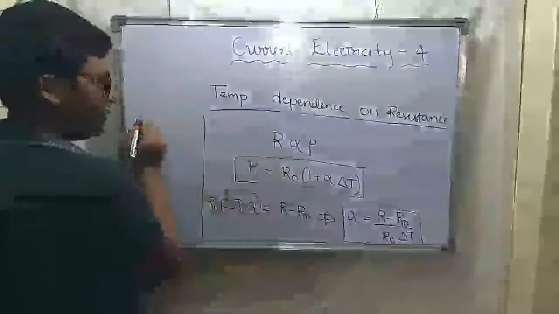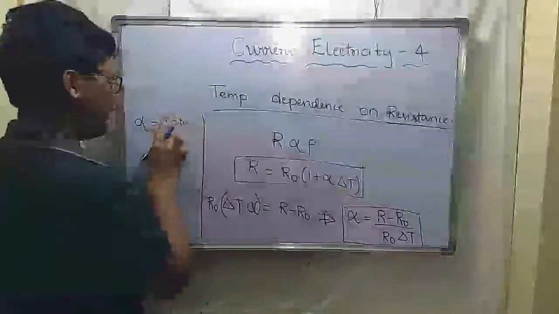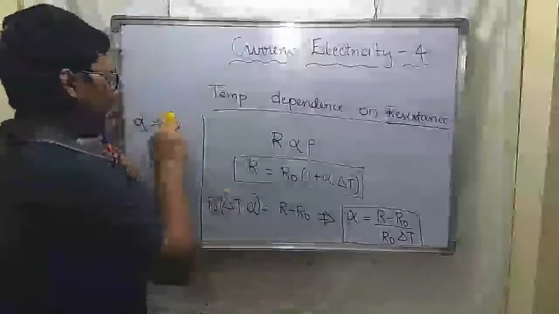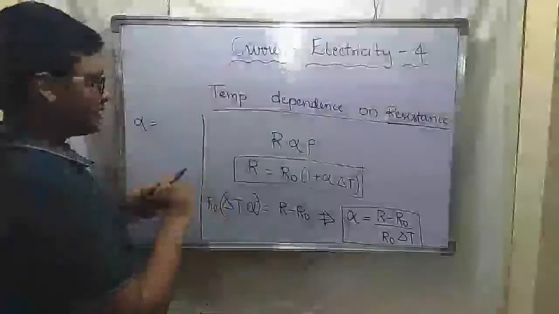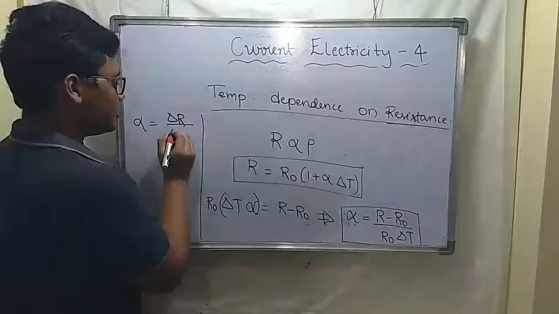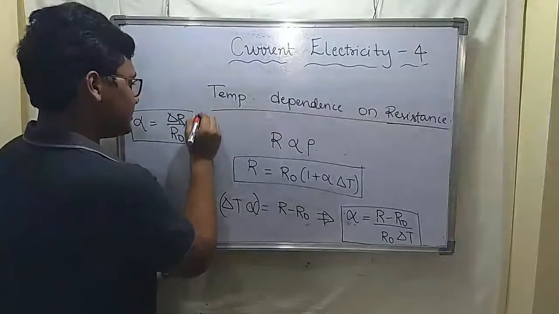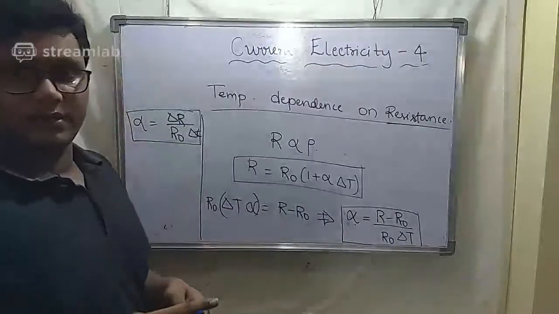Here, taking R minus R naught as delta R, alpha is equal to delta R by R naught into delta t. This is the temperature coefficient.